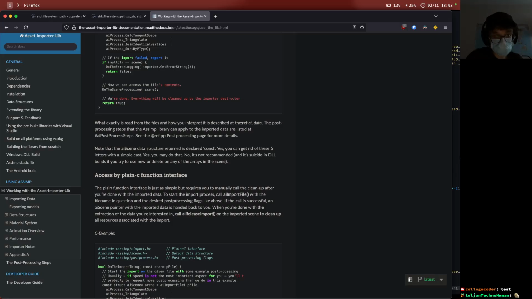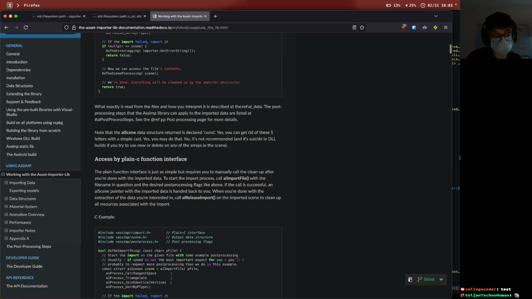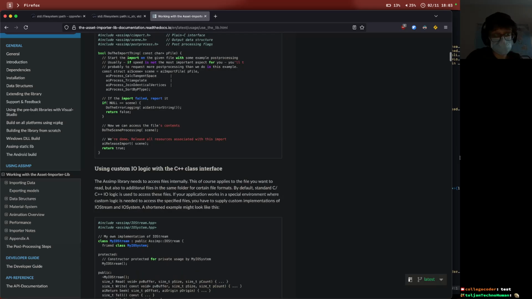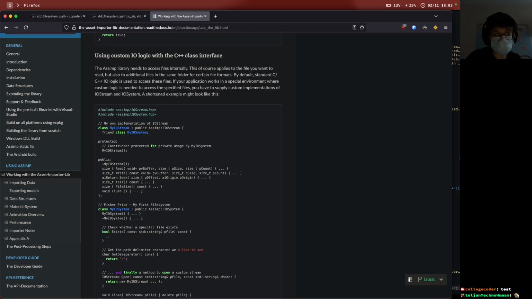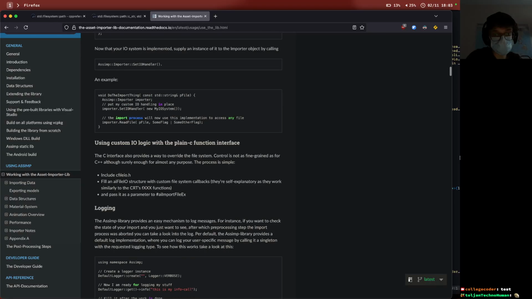Builds, have you tried to use delete on any of the arrays in the scene? Sure. I don't really care about this, and I don't really care about using custom IO logic. Sure, in the same folder, standard IO logic is used. If your application works in a special environment where you need custom logic, you have to change it.